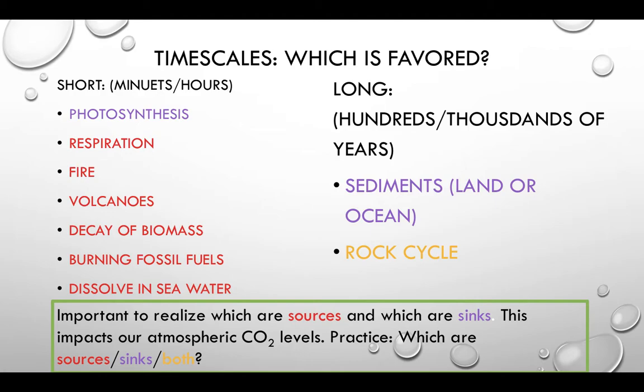But when we look at our sinks, whoa, we've only got one that's short, the other two are super long. And so now, if we're starting to talk about solutions, we have to figure out how to make these happen faster or more photosynthesis happen in order to leverage the carbon cycle.